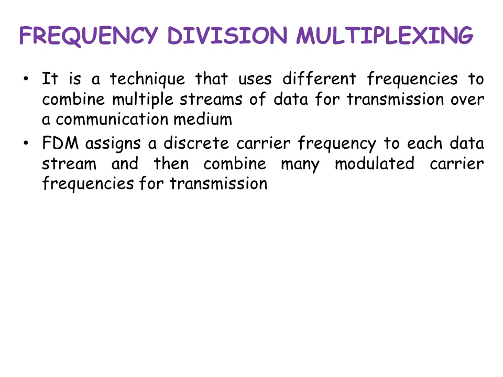Moving on to the description of frequency division multiplexing, it is a technique that uses different frequencies to combine multiple streams of data for transmission over a communication medium. FDM assigns a discrete carrier frequency to each data stream and then combines many modulated carrier frequencies for transmission.